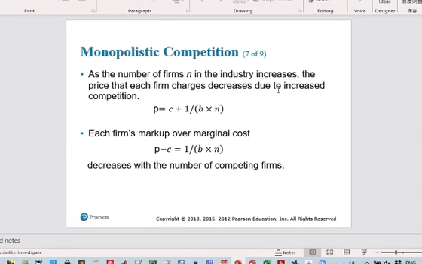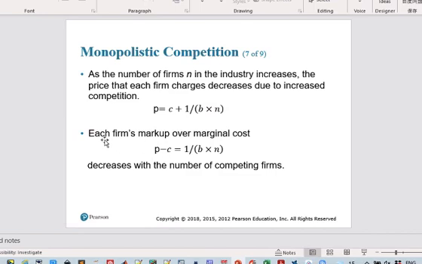When we look at the equation, p minus c is the price you can charge in the market minus c, the marginal cost, right? So the price you receive minus the marginal cost you have to spend on your production, the remainder is the markup you can receive from your business.